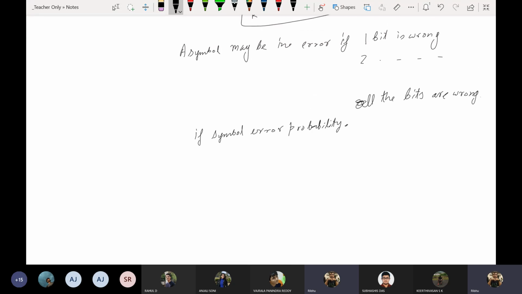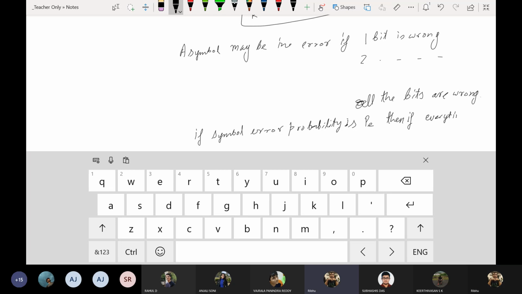So symbol error probability is PE. Then if every time a symbol is in error, all its bits are in error, this is one case.